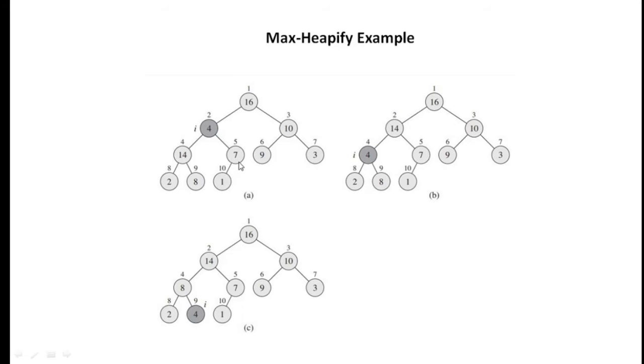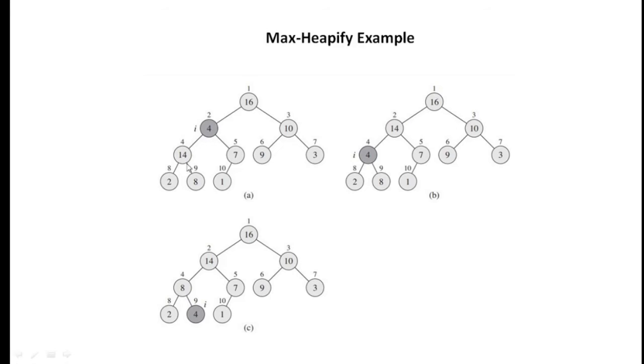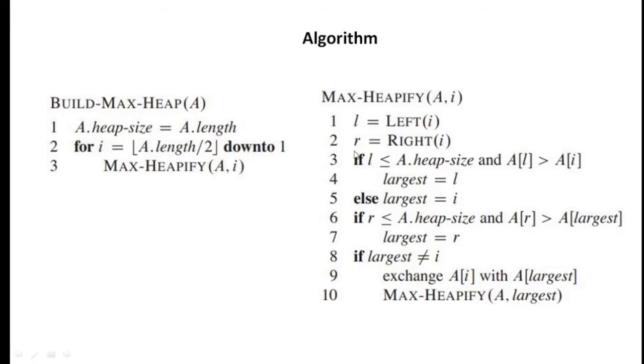So if the index value is 11, then it means that it is not respected. The index value will be 11 in the case of R. So the condition will fail here, because R is not lesser than or equal to A.heap-size: R is going to be 11 and A.heap-size is 10, which is not lesser. The heap size should be respected, so we use this value to check it.